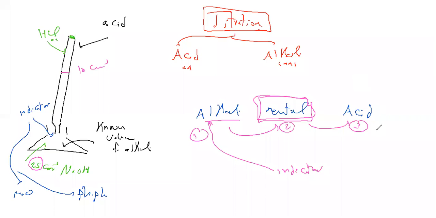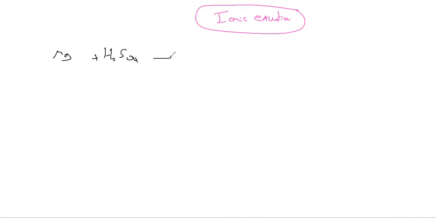How do we write ionic equations? If we have the reaction between Mg plus H2SO4 to produce MgSO4 plus H2, you will find that any element or molecule stays the same: Mg stays Mg, and H2 stays H2.